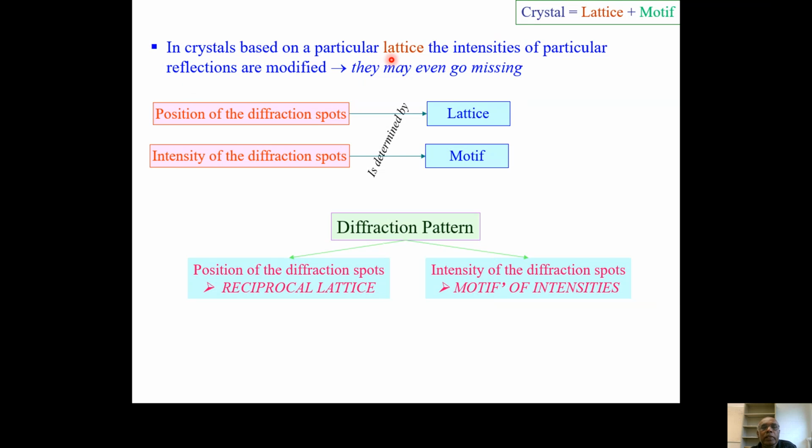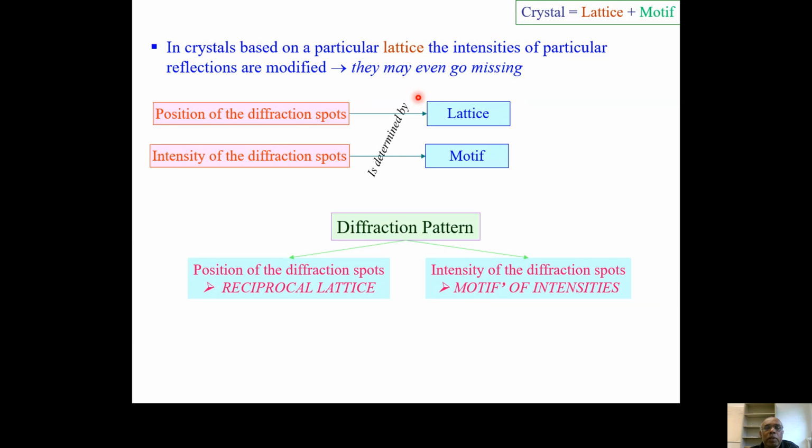So in crystals, for a particular lattice, the intensity can be modified. Sometimes there can even be missing reflections. That's why we need to understand the position of the diffraction spot, that is, the angle where you get the diffraction maxima or minima or missing pattern.